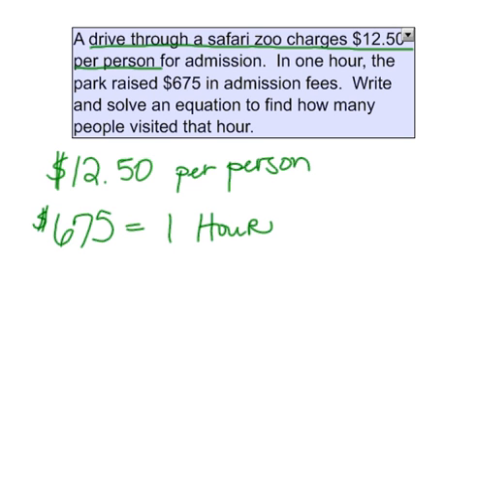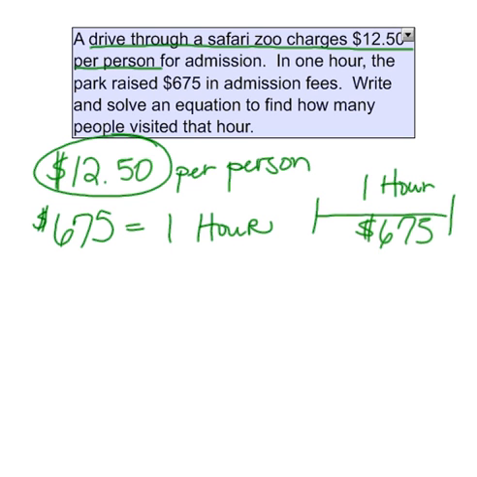Write and solve an equation to find how many people visited that hour. Okay, so within 1 hour, there was $675 raised in admission prices. I know that per person is $12.50. So basically they're asking how many people visited within that hour.